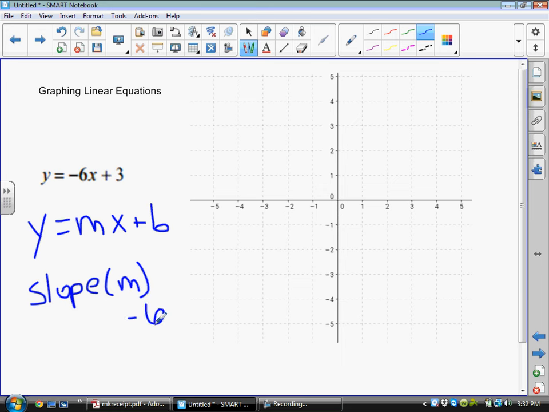The y-intercept, or I'm going to call it the starting value, which is the b term in our equation, is the number on the end by itself, which in this case is again plus 3. So I'm going to start with my starting value at positive 3.